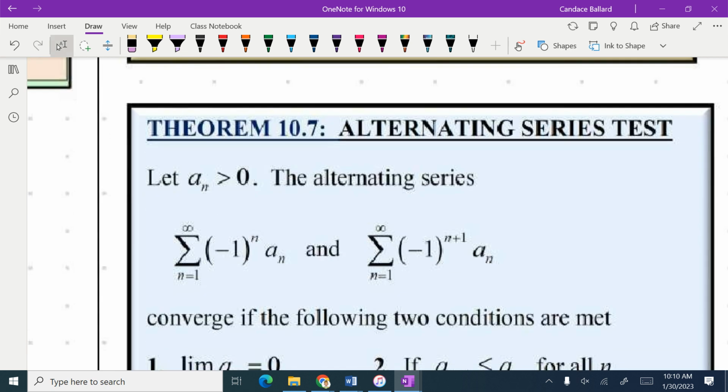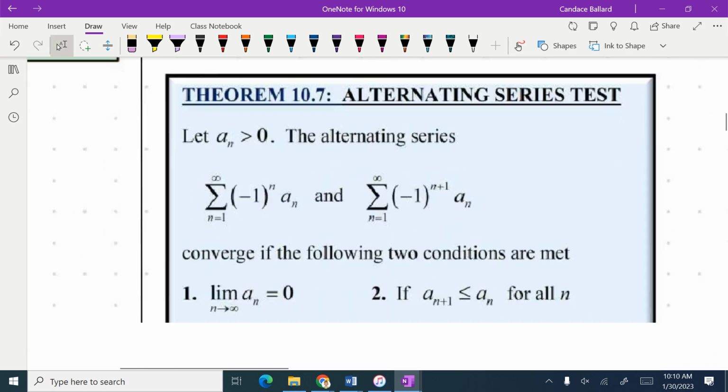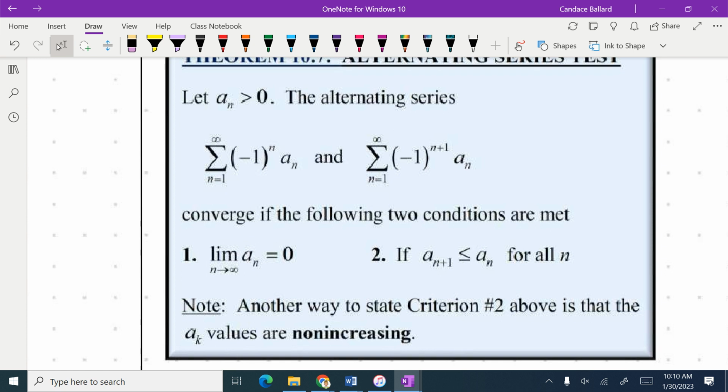For alternating series, we have to prove two things. We're in one of these two formats, so you know it's alternating. That's the if part. Now we just determine convergence.